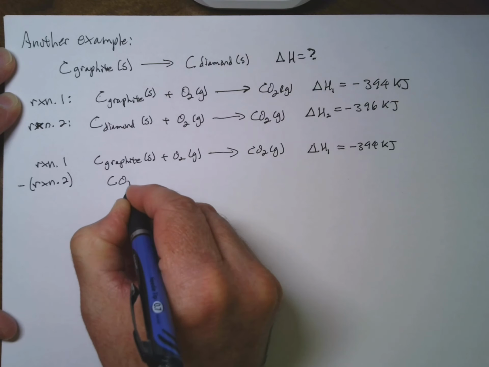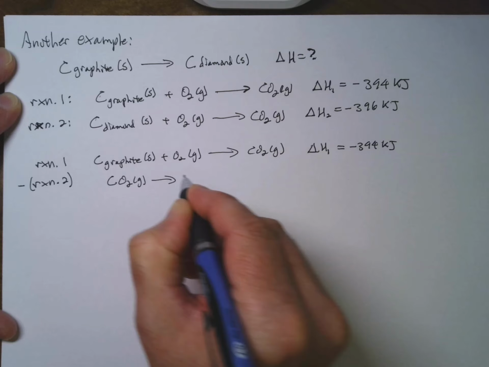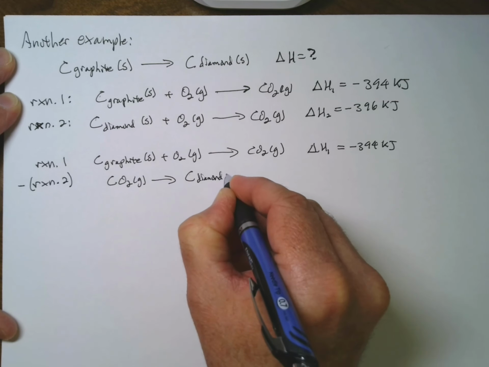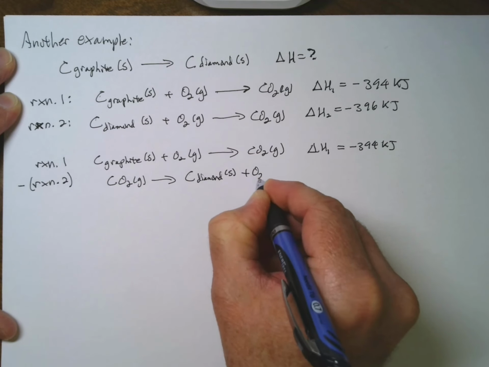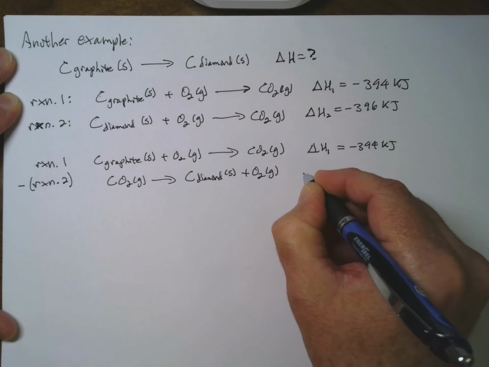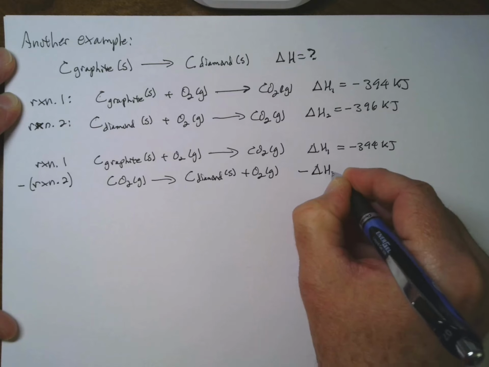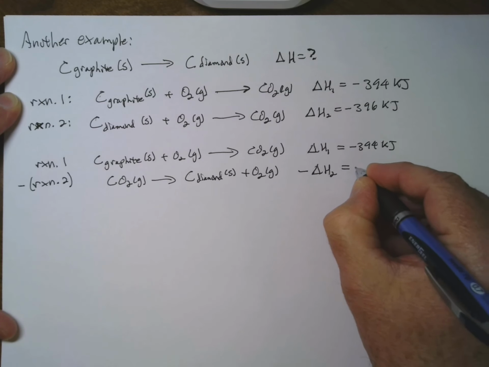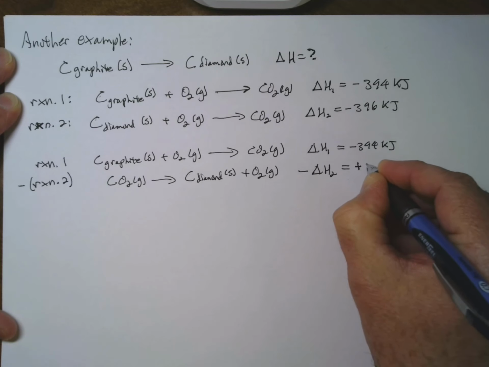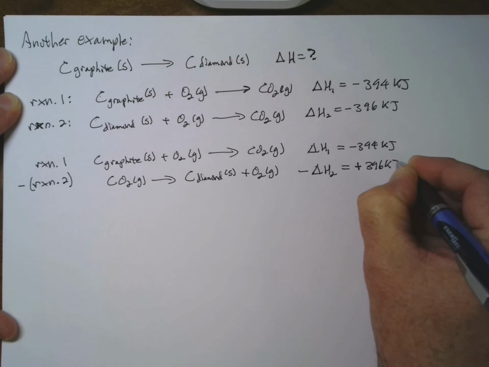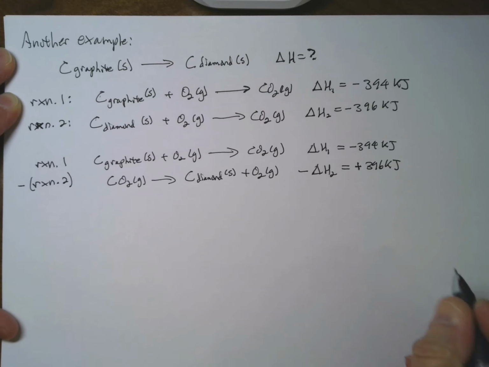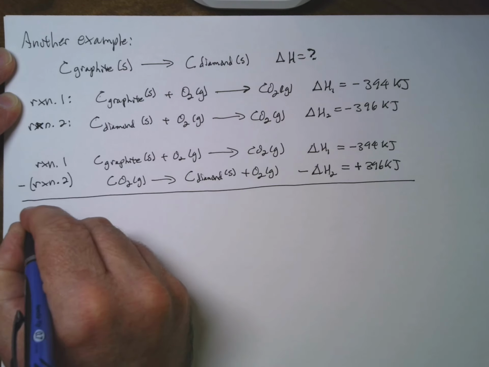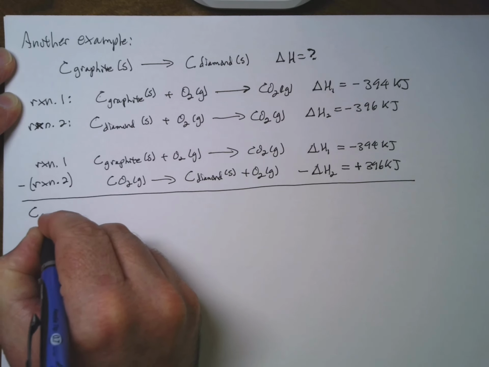And then CO2 gas goes to C diamond solid plus O2 gas. So minus delta H2, because we reverse the reaction, that's going to be plus positive 396 kilojoules.